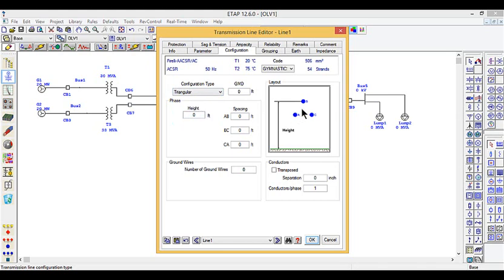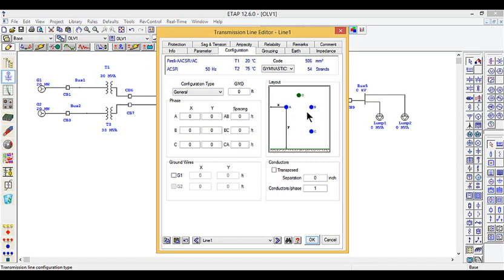The third one is triangular configuration, and the practically used configuration is parallel vertical, which is a double circuit line, or parallel horizontal. But the parallel vertical is normally used commonly, and then we can have the general configuration as well.